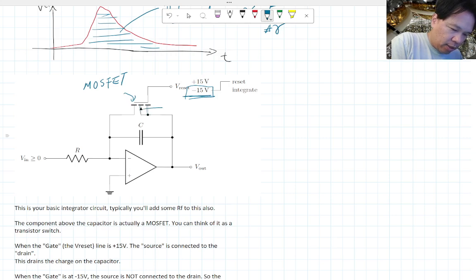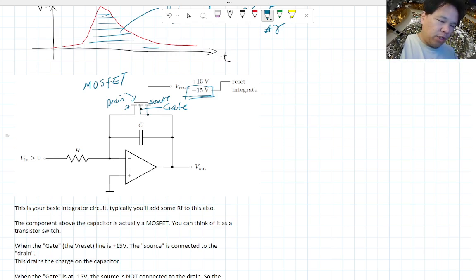This is known as the gate, this is known as the source, and this is known as the drain. The gate acts like the base compared to BJTs, the source acts like the collector, and the drain acts like the emitter. So hopefully those words have some connection to each other.